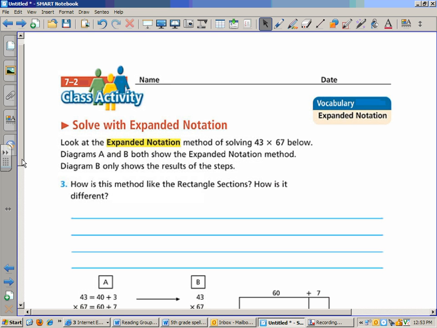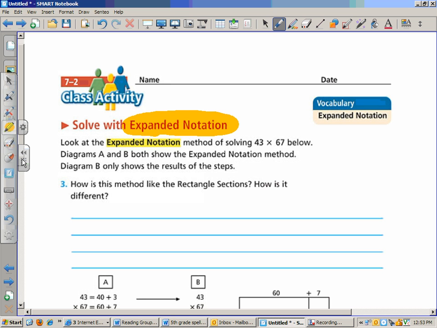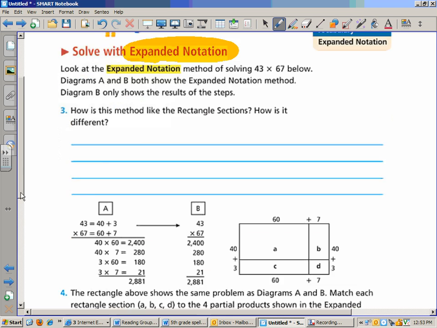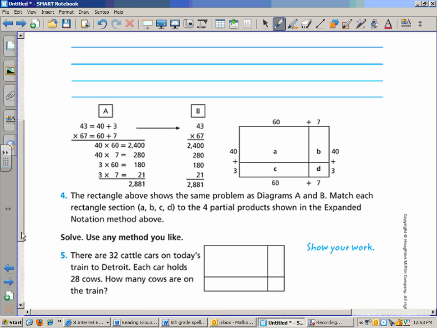But with area model, we have something that's very similar, but you don't use the rectangle. And I know some of you remember this from last year because this was your comfort where you like to do multiplication. And so we are going to solve with expanded notation. Let's look at the two diagrams that show what expanded notation is.